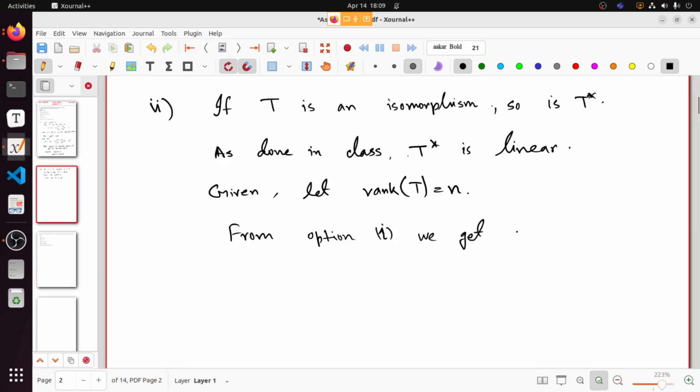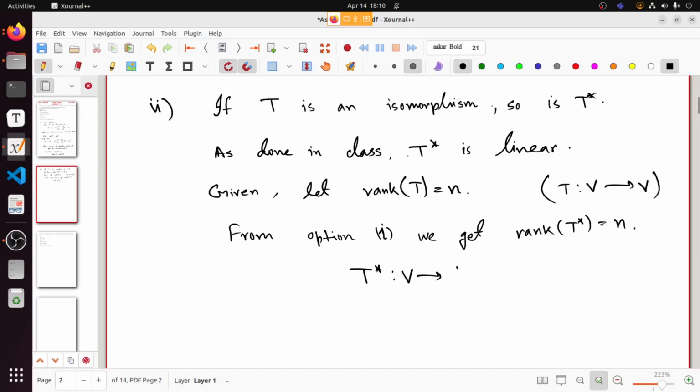Suppose T is a map from V to V, then T star will again be a map from V to V, and it has rank n.